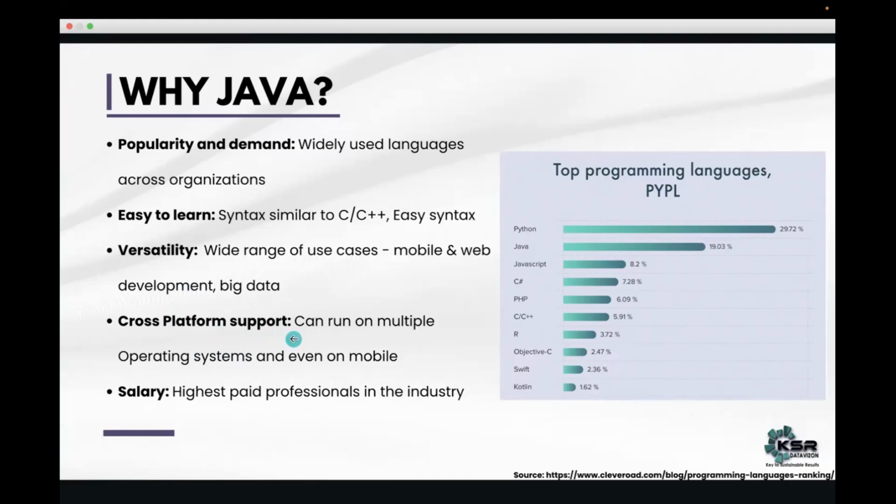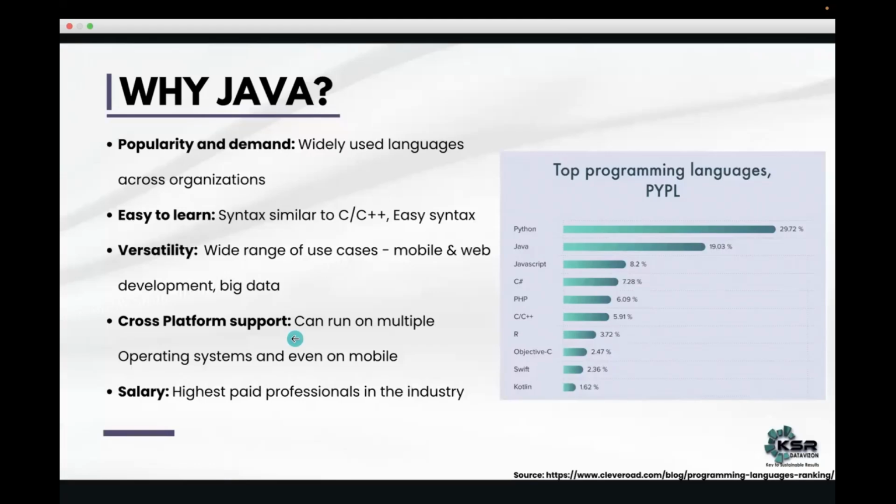You just have to write once. For other programming languages, let's say you're using Mac OS, you wrote the code in Mac OS, but it will not run in Linux. We'll see this in detail tomorrow.